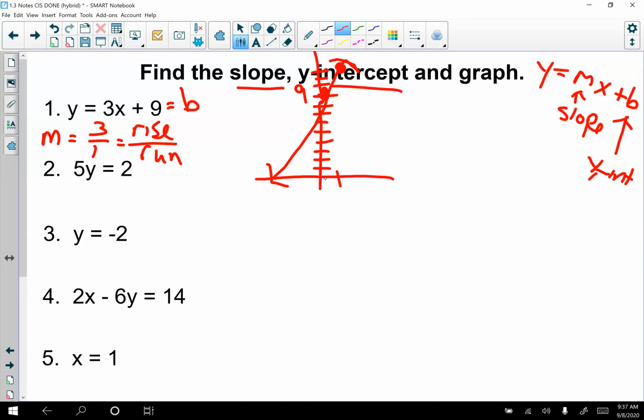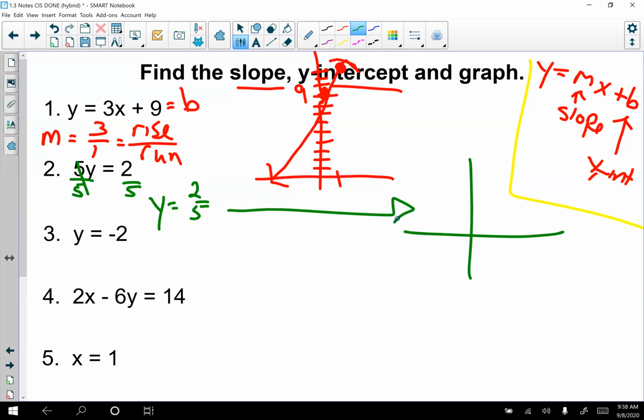Next one, I need to get y by itself, so it's in this form right here. So I'm going to divide both sides by 5, and I would have y equals 2/5. Whenever you have an equation that doesn't have the other variable, like actually 2 and 3 do, it is going to be either horizontal or vertical. And how you know is this one here crosses the y-axis at 2/5.